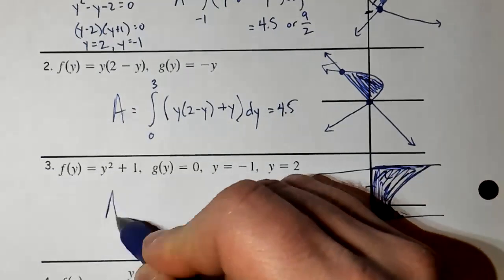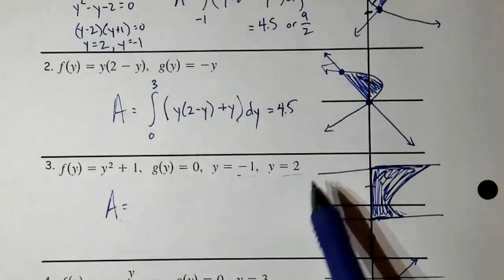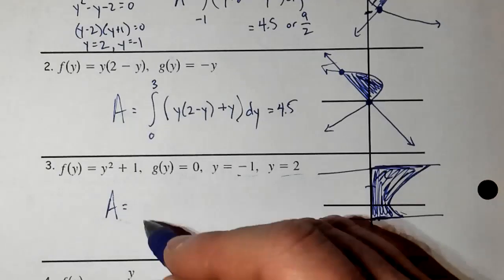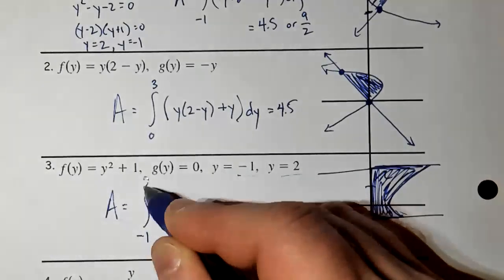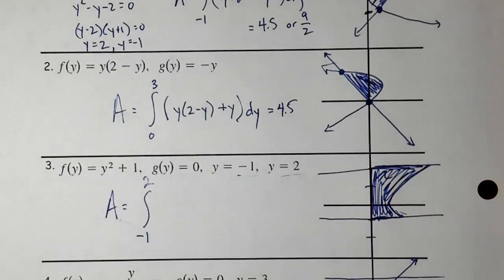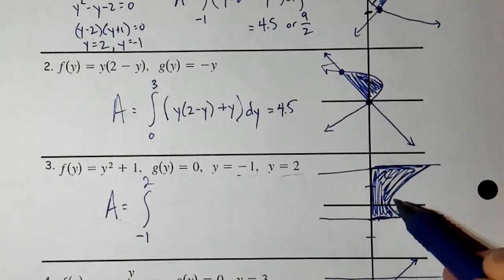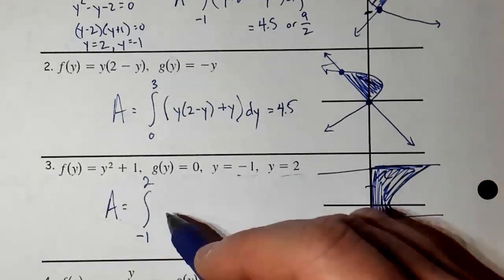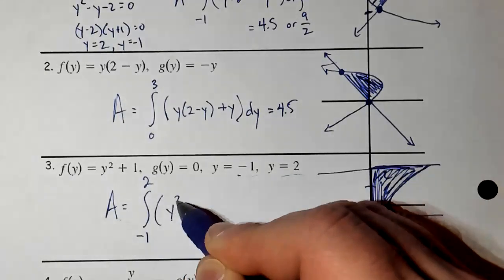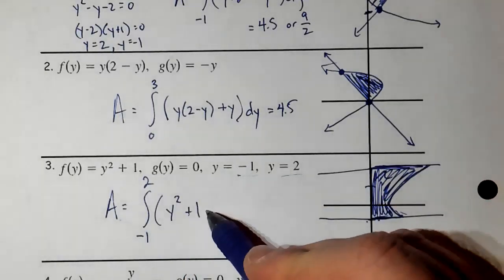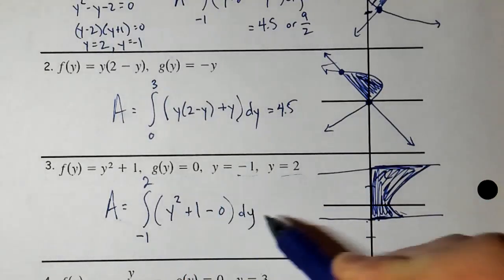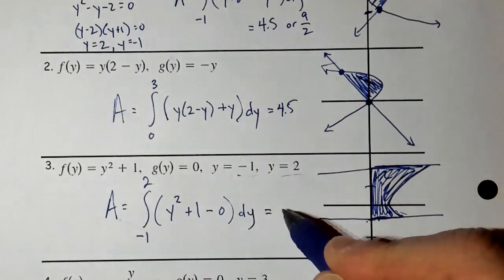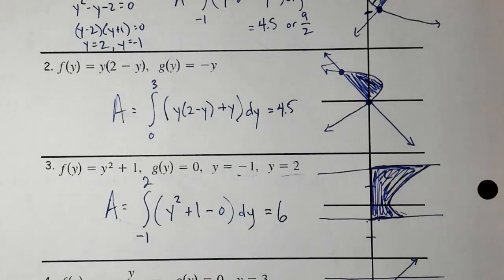So our boundaries are already given to us right there and there. That's going to be integral from negative 1 to 2. And then you just do the rightmost function minus the leftmost function. So the rightmost function is your y squared plus 1, minus 0, dy. And in this case, that ends up becoming 6.